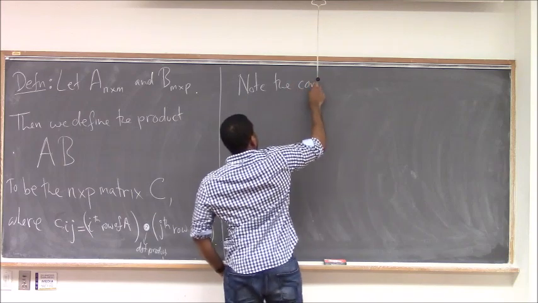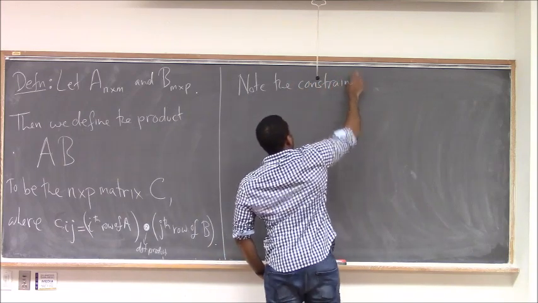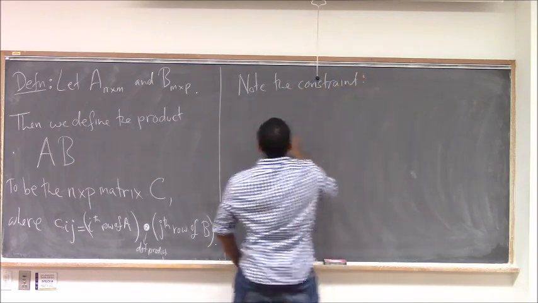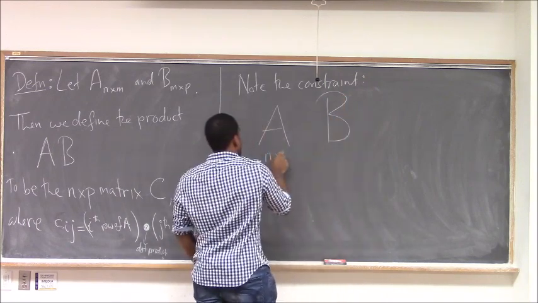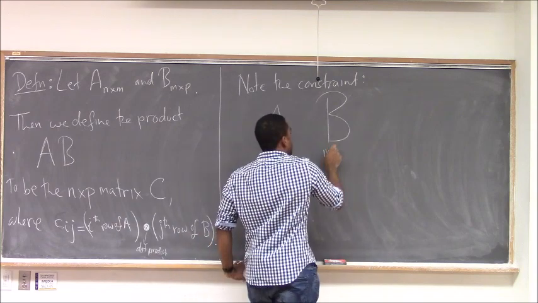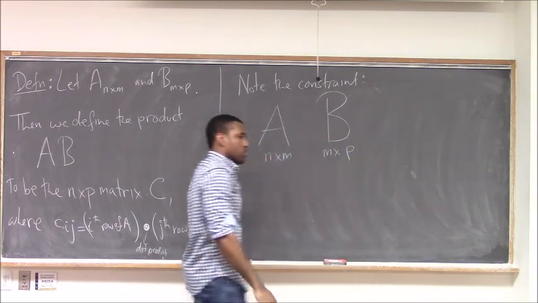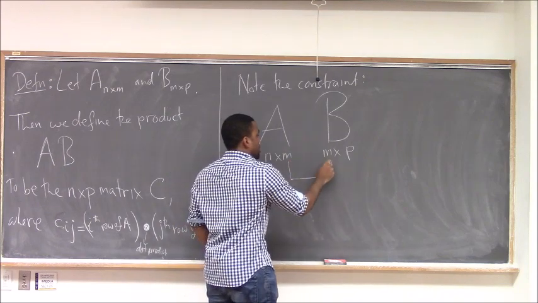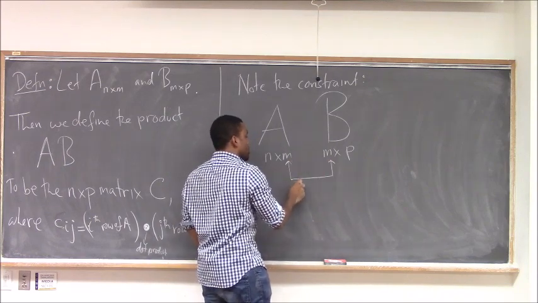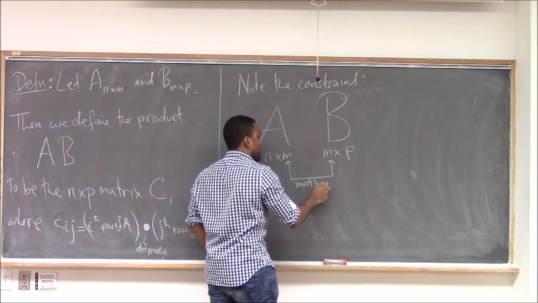We don't have a constraint here. I was very careful in how I wrote it down. So if I'm looking at AB, this is an n by m, this is an m by p. I want you to take note that these two must be the same to be able to multiply.